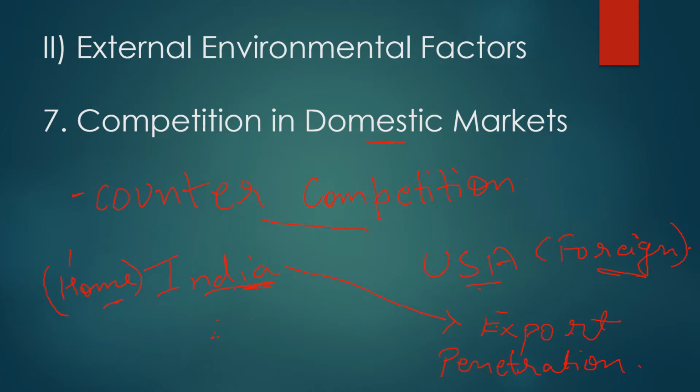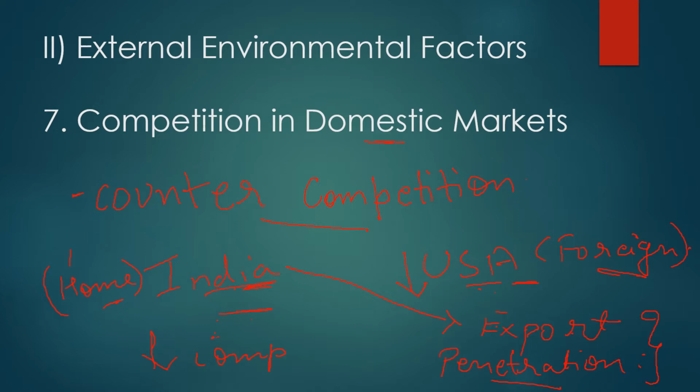So when India is going to export goods using a penetration strategy, the competitive strength of USA is going to reduce. When the competitive strength of USA reduces, it is going to pay more attention to its domestic market, thus reducing the competition in the home market, that is India.